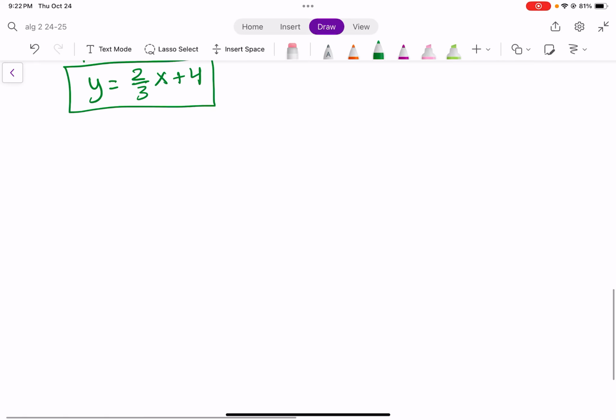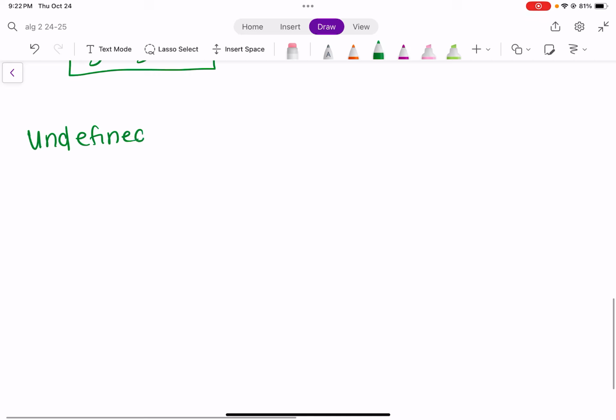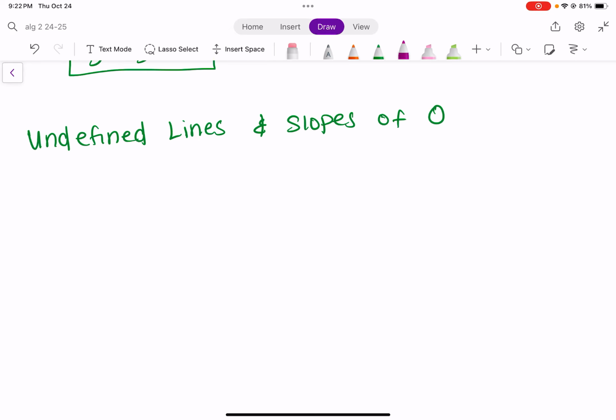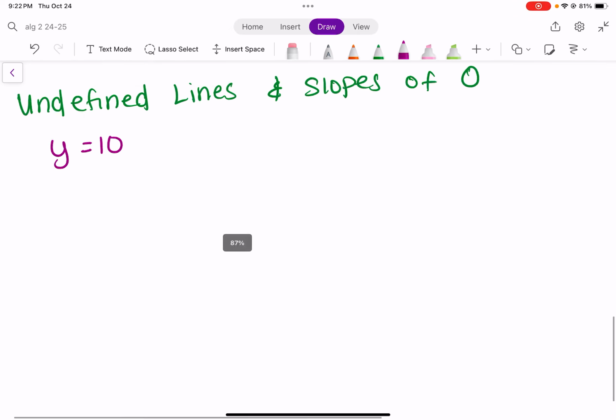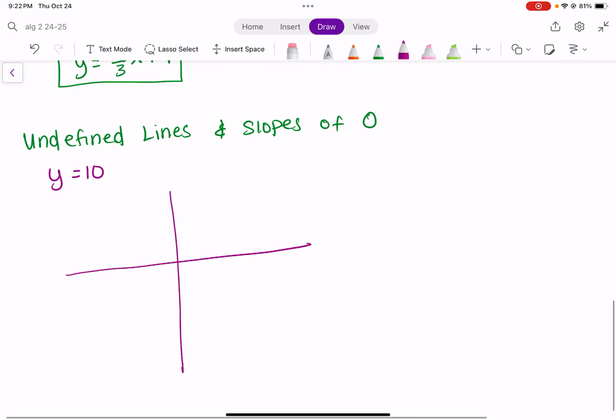The last topic is called undefined lines and slopes of 0. Let's say you are being asked to graph the function y equals 10. If I have a graph, and let's say 10 is here, when y equals 10, it's basically saying that at any x value, the y has to be 10.